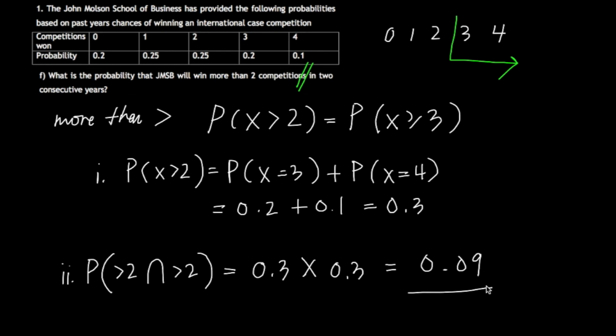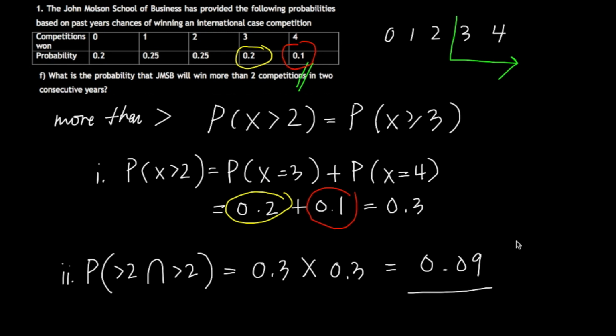Okay, so quick recap. More than does not include the equality, so it's greater than 2, which is equal to greater than or equal to 3. So we start counting from the 3. So that means that we'll include the probability of the 3 and the probability of winning 4 competitions, which is a total of 0.3.